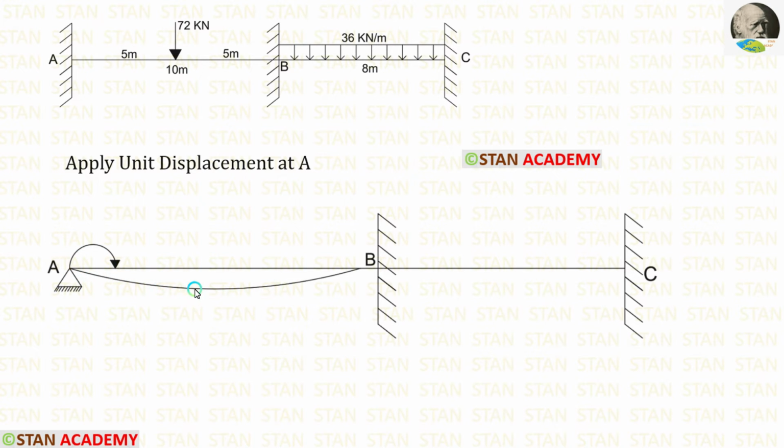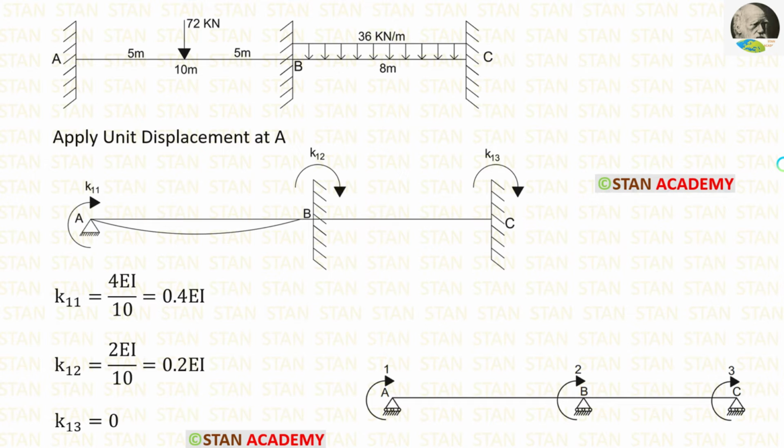We have to be very careful. The curve must end before the fixed support, because in the fixed support there will be no slope. You can see that I have given some gap here. That is why the slope curve ends before the point B and can't continue after the point B.